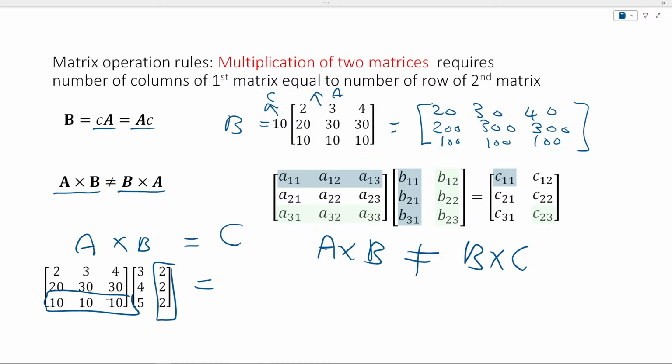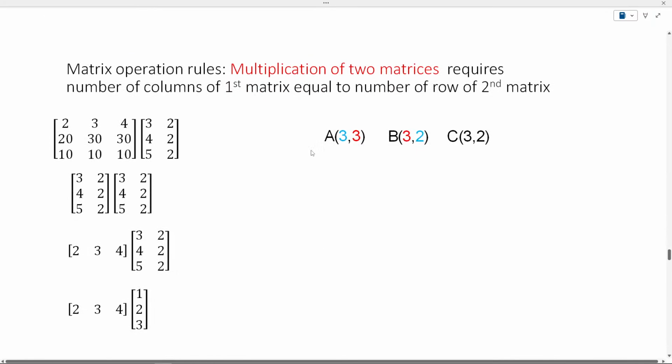B has a size of 3 times 2, and A has a size of 3 times 3. So can I multiply these matrices? No, because these two are not equal. For these matrices to be multiplied together, these two need to be equal. And that's why A times B does not equal B times A.